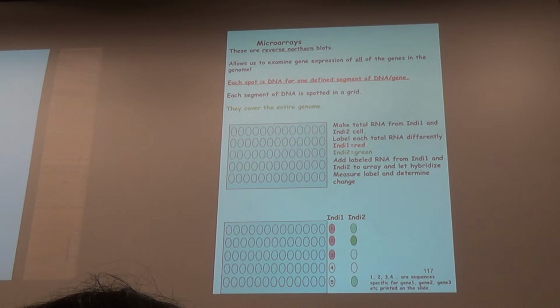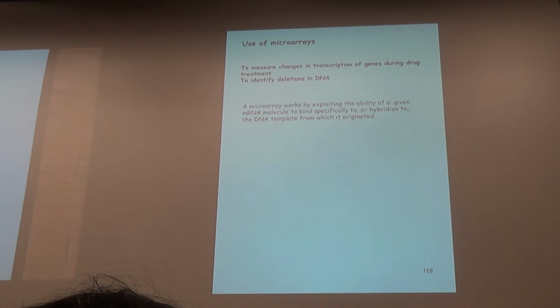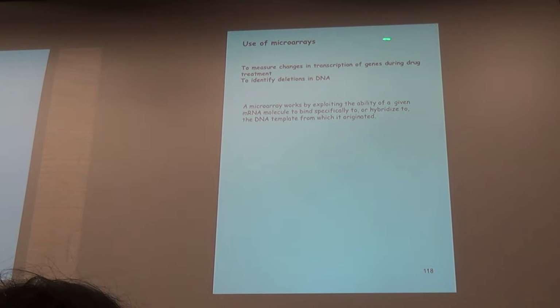But you can also use microarrays for other things. It's not just RNA and DNA that you analyze by this method. You can use microarrays to actually analyze gene deletions. To measure changes in transcription is obviously one important method we use for microarrays. But you can also identify gene deletions.